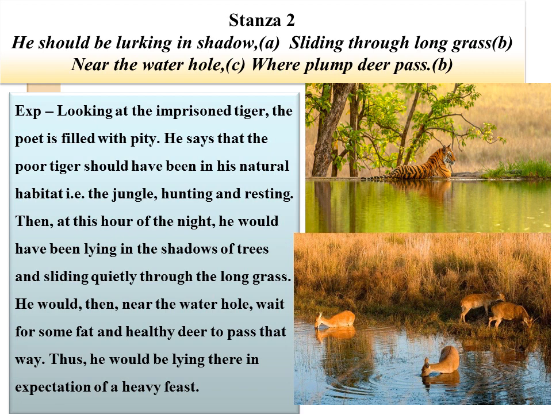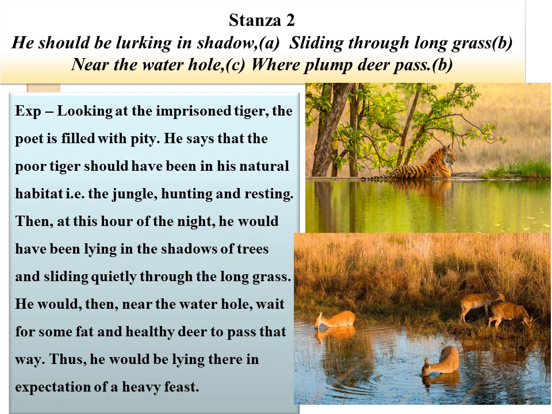That is, he must be hiding somewhere, slowly slipping, sliding through the long grass, stalking a deer or some other animal. Near the water hole, that is where usually all the animals come, a reservoir or wherever they will find water to quench their thirst.